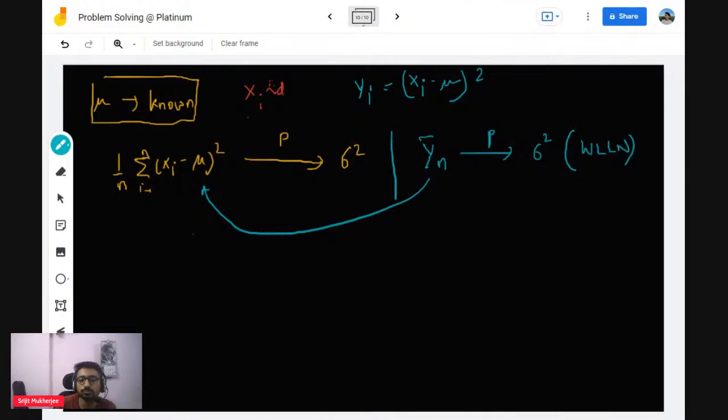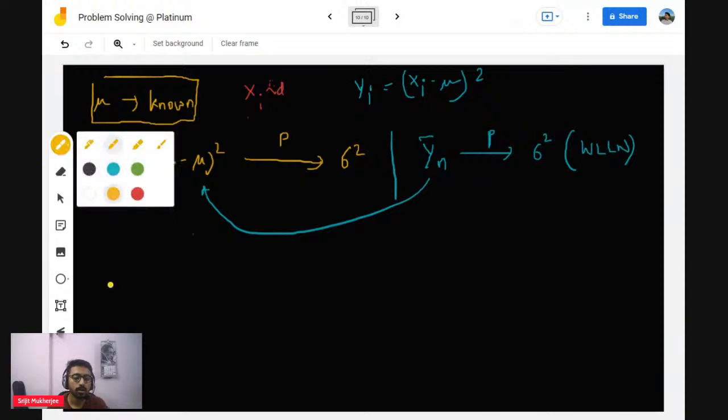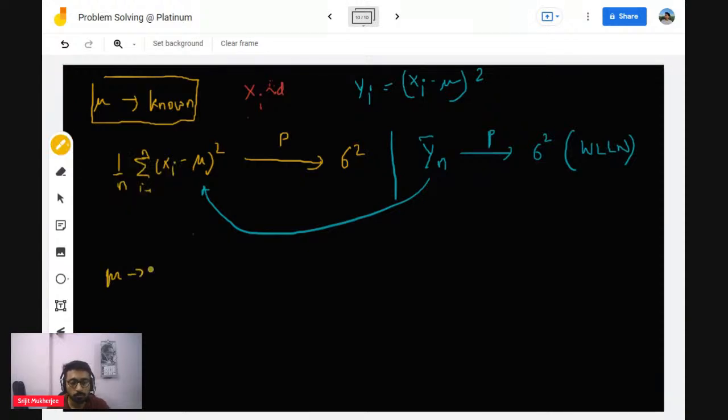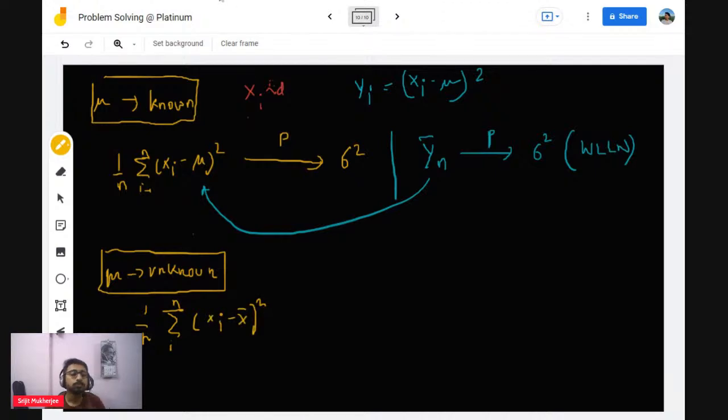Does it make sense, guys? Can you show it for mu unknown? Mu unknown is a bit tough because the Xn bar is changing every single time.